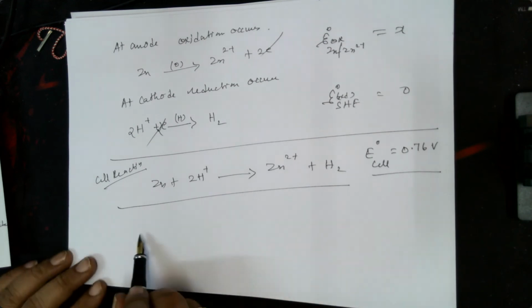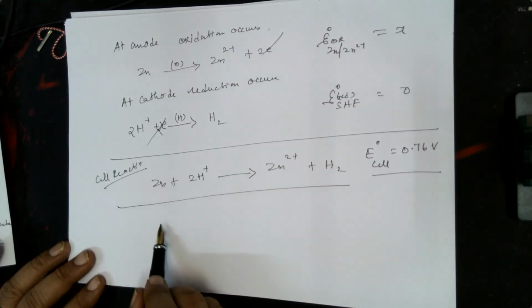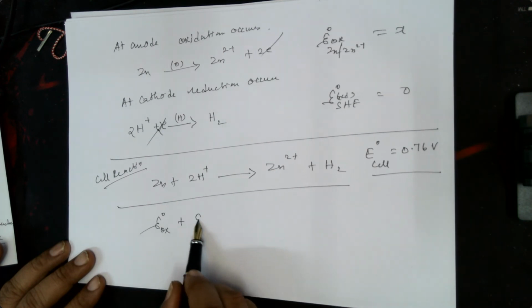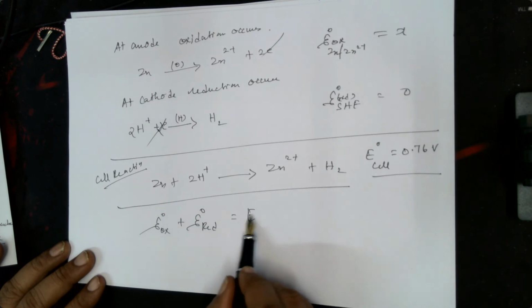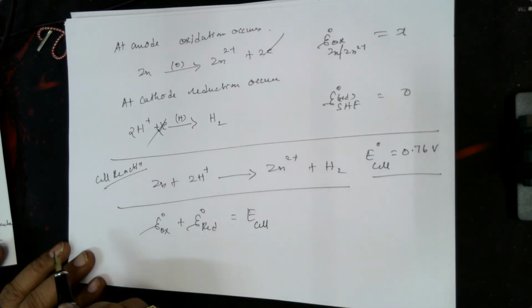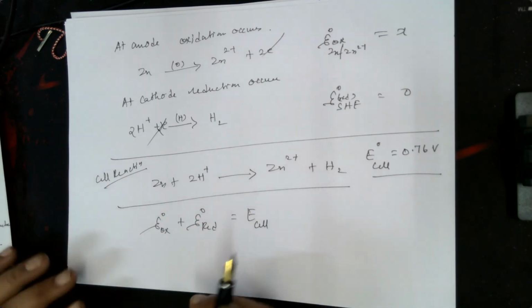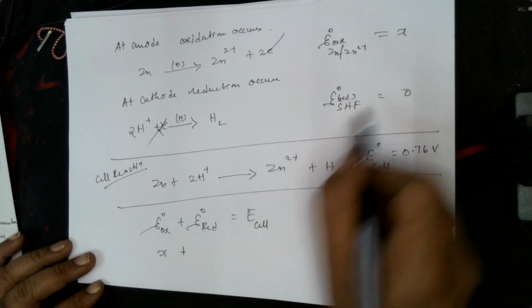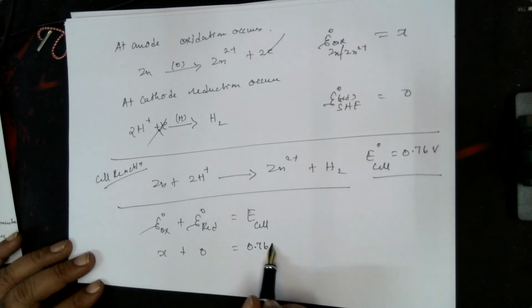Now listen to me very carefully. In this equation you can consider E oxidation potential plus E reduction potential is equal to E cell. You can maintain this equation instead of putting minus. So in this case, what is this? X. What about this? 0. What is this? 0.76 volt.